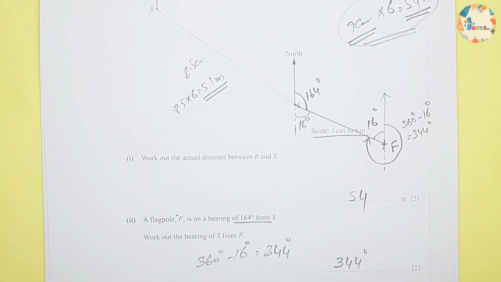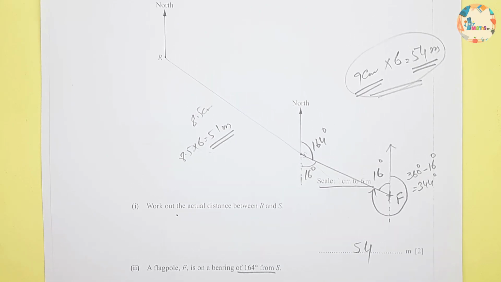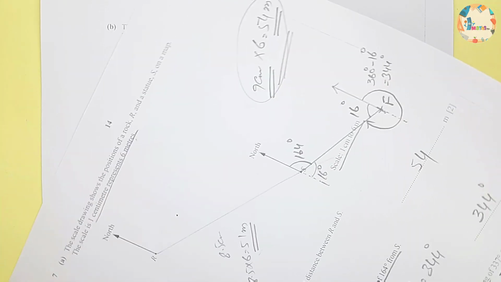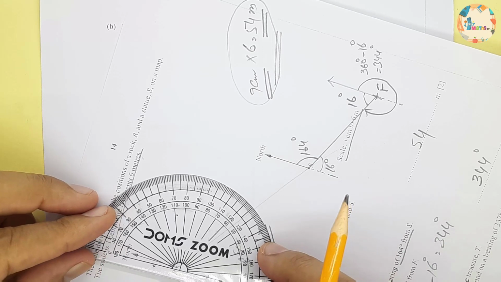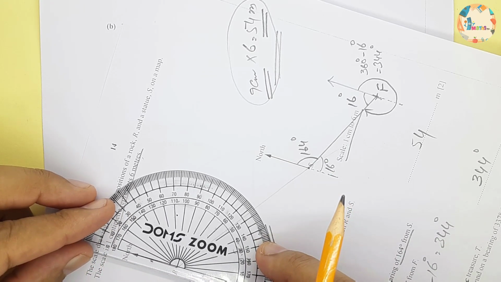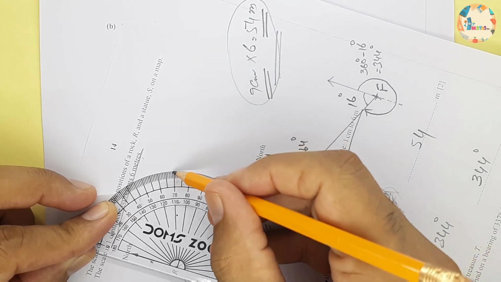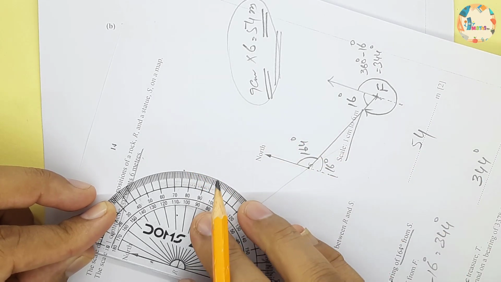So it is 076 from R. So we'll have to check 076 from R will be this one. So we'll take the help of a protractor. So 076. So it means we will be placing over here, and this is 75 and 76 will be over here.